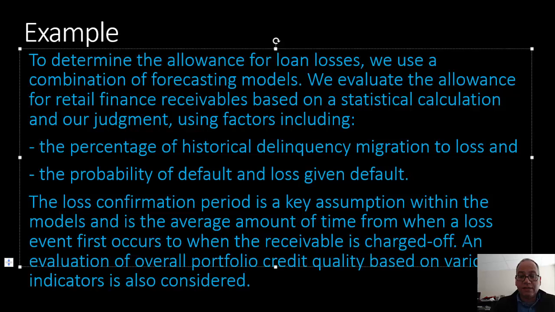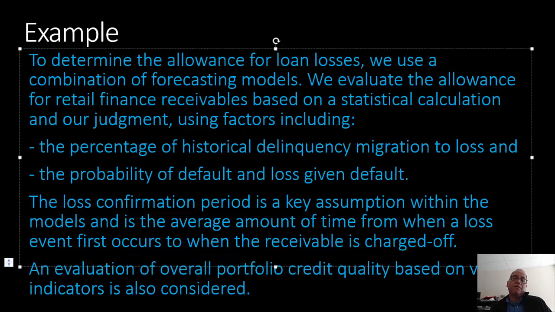Now, this next sentence is a little tricky. The loss confirmation period is a key assumption within the models and is the average amount of time from when a loss event first occurs to when the receivable is charged off. Again, you've got to think about what's the verb here? What is the real verb? And then what's the subject? The subject is we, because we're doing the work, right? To me, it seems like, and you might look at this a little differently, a key verb here is assume.